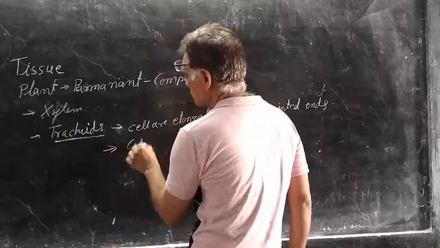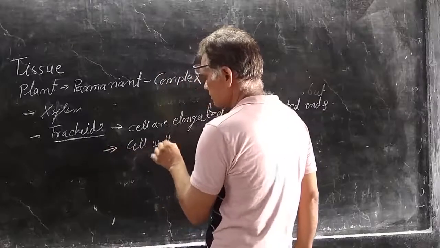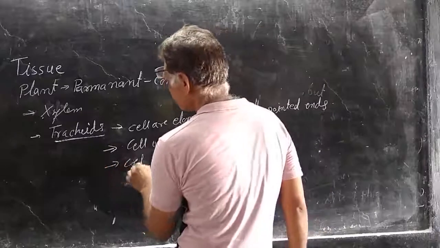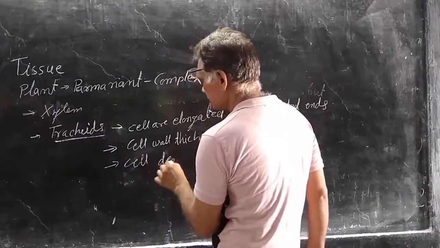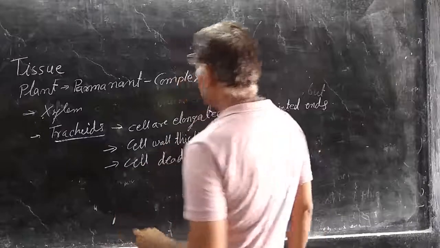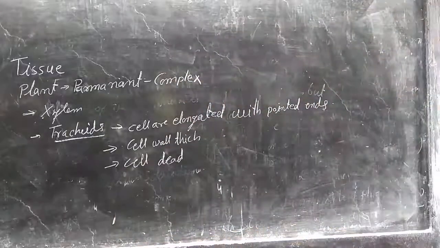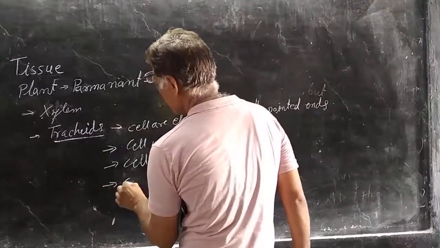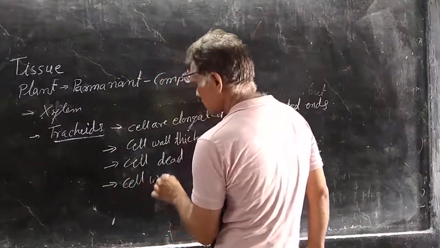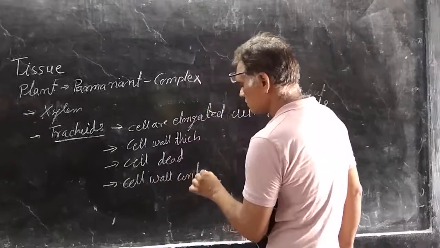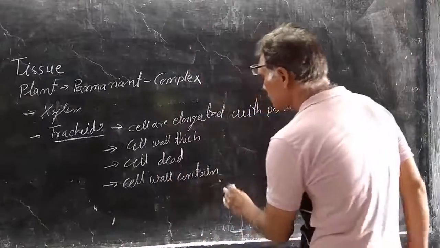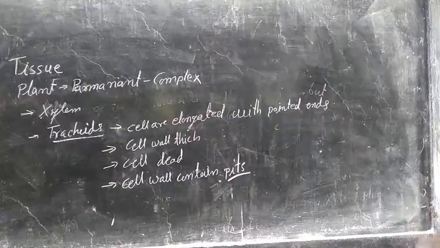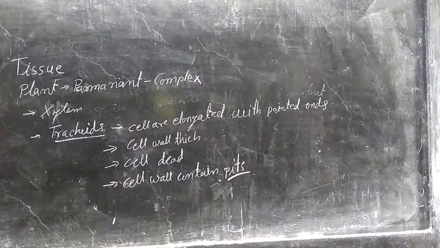Cell wall thick, cell dead. The cell wall contains pits. Pits are the different pores present inside the cell wall.